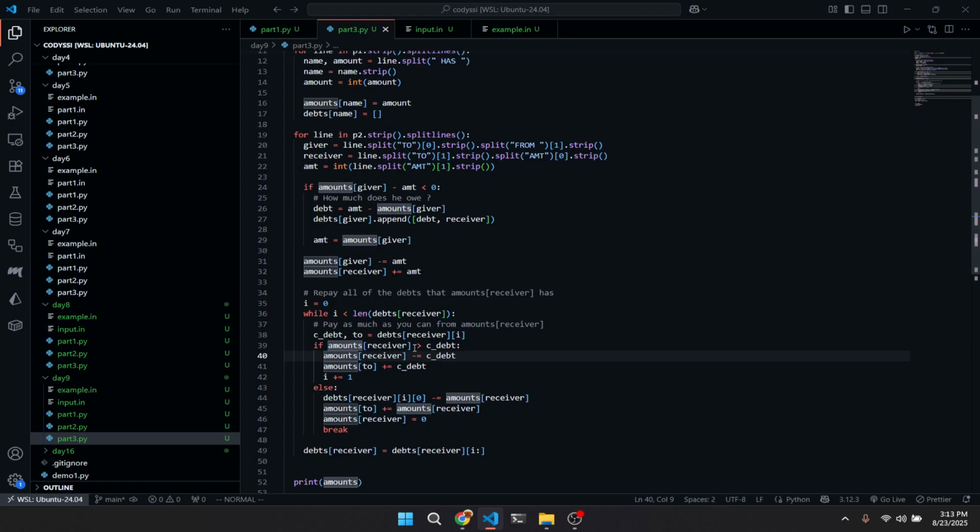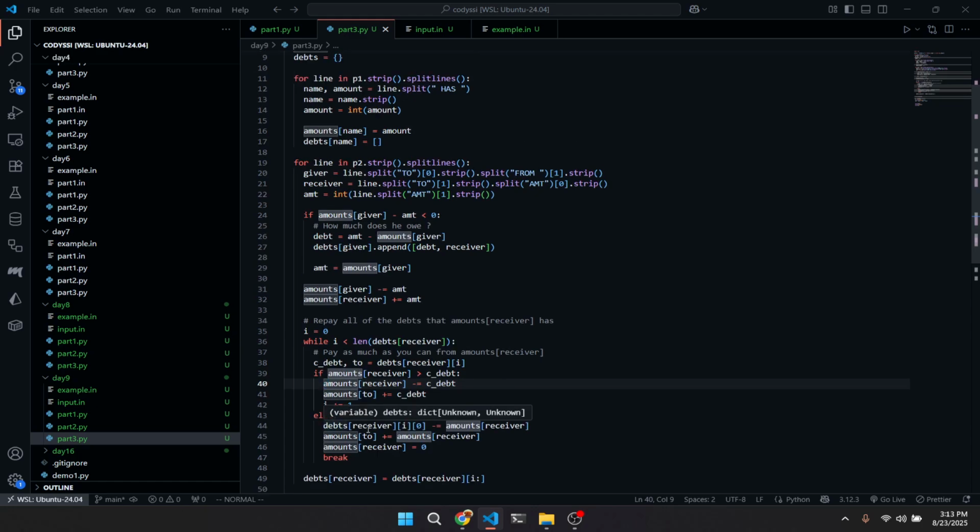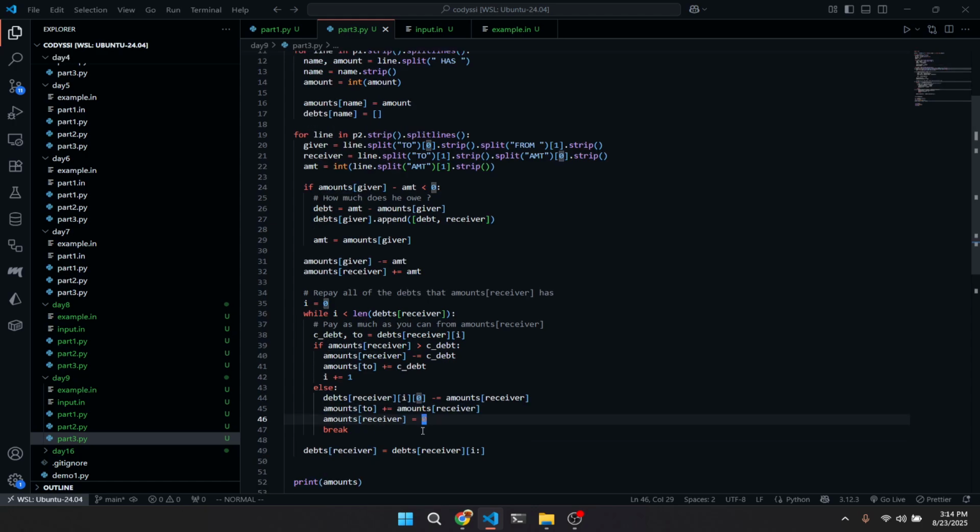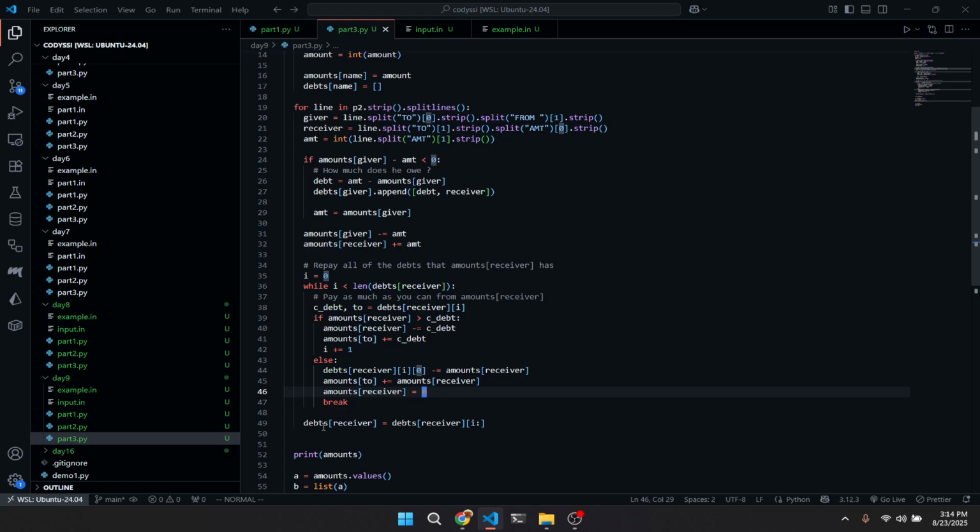If I can't pay the entire debt to this guy, just reduce my debt by how much I can pay right now, then increase the guy who's going to receive by that, and I have to go to 0 because I'm essentially paying everything, right? So debts at receiver is debts at receiver going from i forwards.